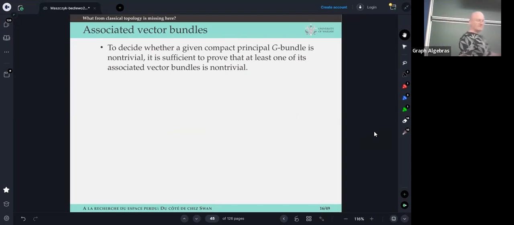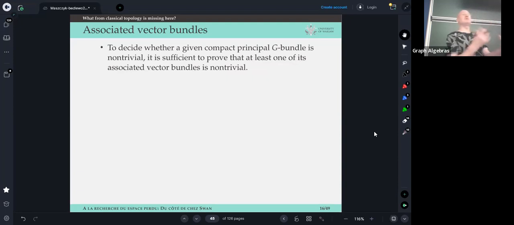Namely, if we have some compact principal G bundle and we are interested in how much it is non-trivial, we can consider some construction, which is called the associated vector bundle construction, to go from these principal bundles to vector bundles, or even to K theory, and then computing invariants of this associated vector bundle, we can check whether this invariant is trivial or not.